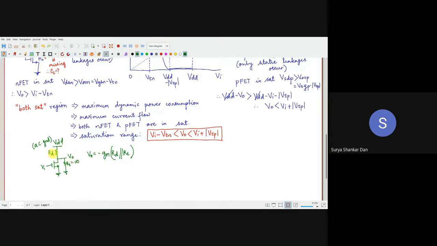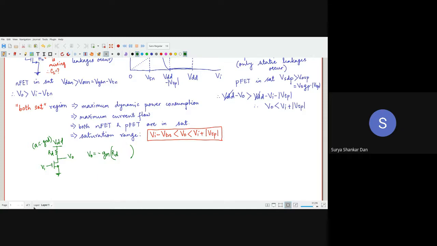So now it will be RD parallel RL. If RL is not there, that means I'm not putting any load resistance, so RL is infinity, and this is a parallel combination. The parallel will always be the lowest of the two resistances, right? So if RL is infinity, it will simply become gm into RD.